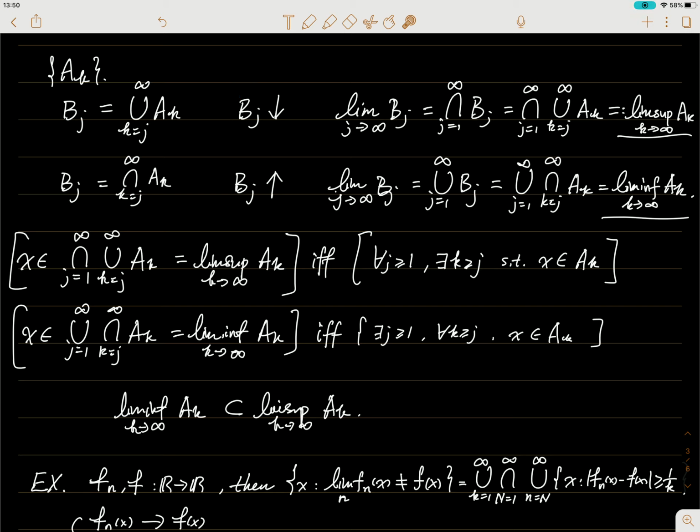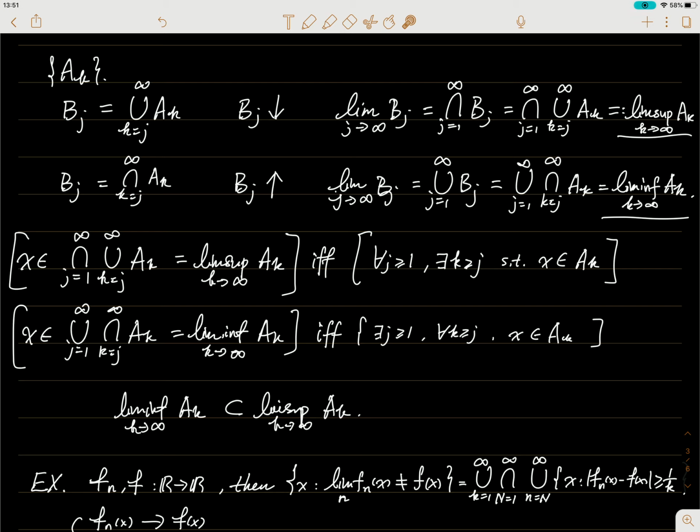Because B_j is monotone and decreasing, you can consider its limit as before. The limit of B_j, as a decreasing sequence, will be just the intersection of those B_j.